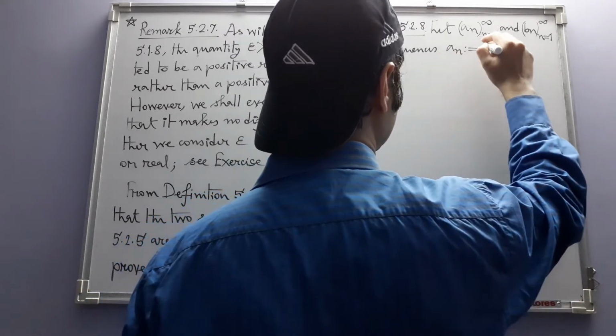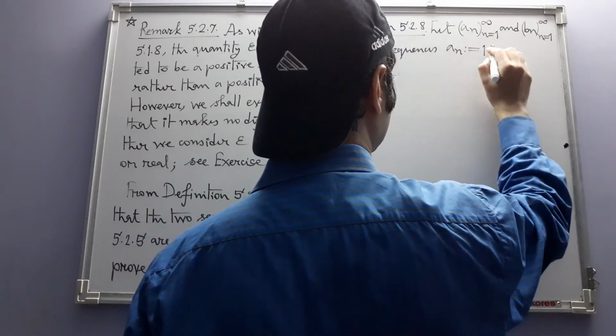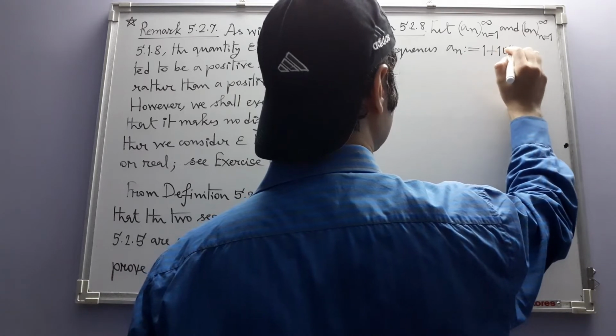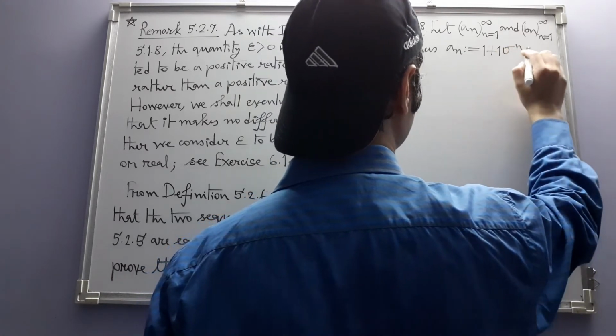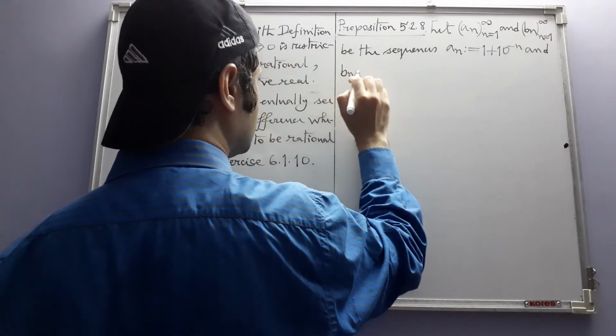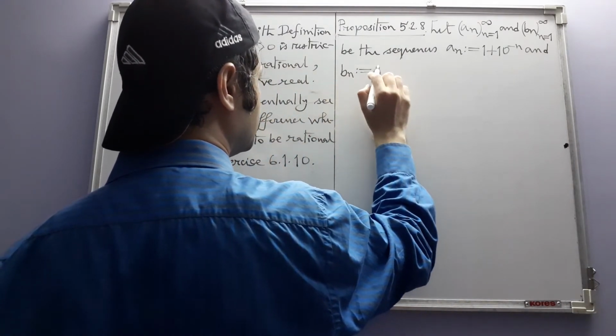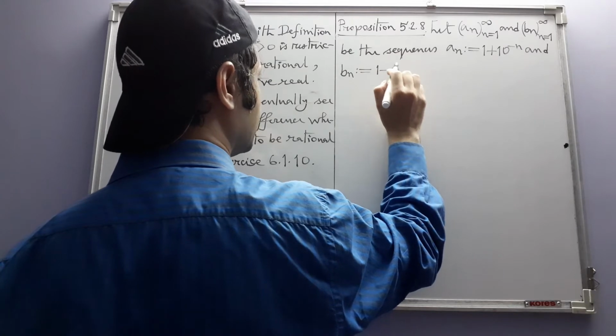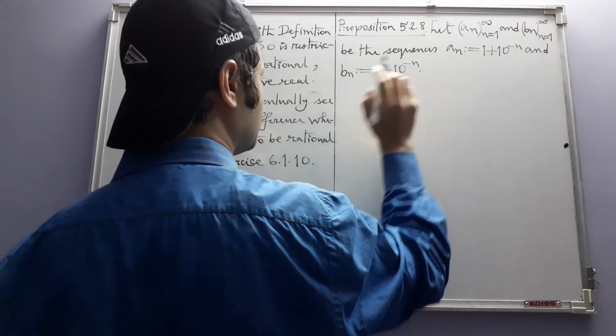An is defined to be equal to 1 plus 10 to the power minus n, and bn is defined to be equal to 1 minus 10 to the power minus n.